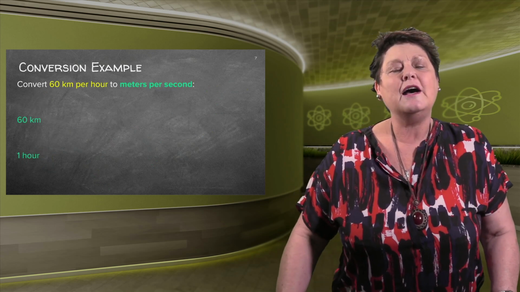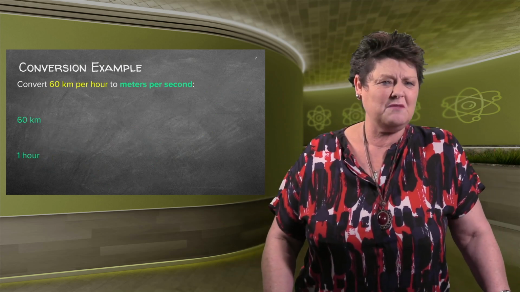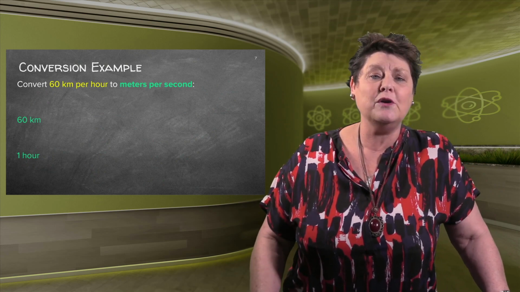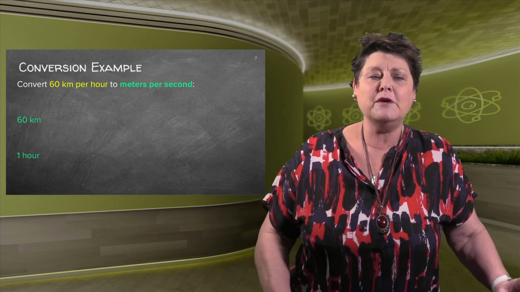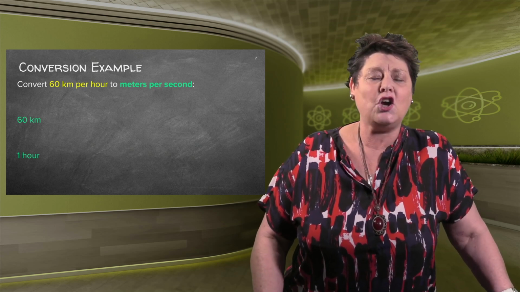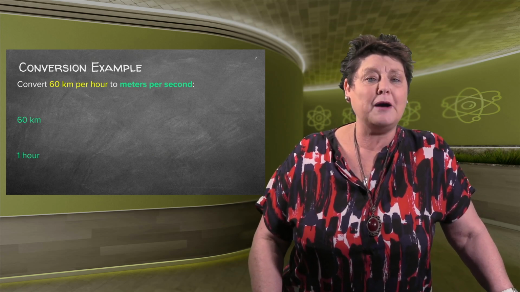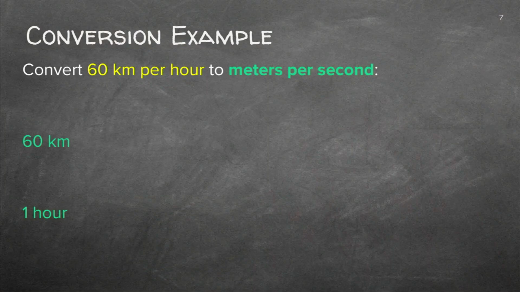Let's do another conversion, which is very, very important when we start off working with motion, the movement of objects and cars and aeroplanes. So the one question posed here is convert 60 kilometer per hour.